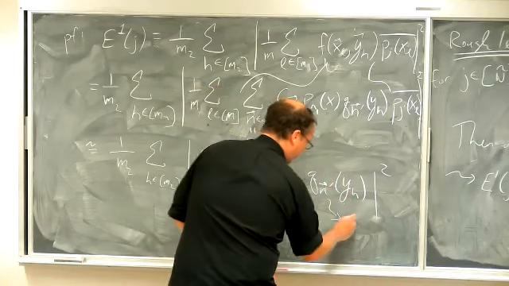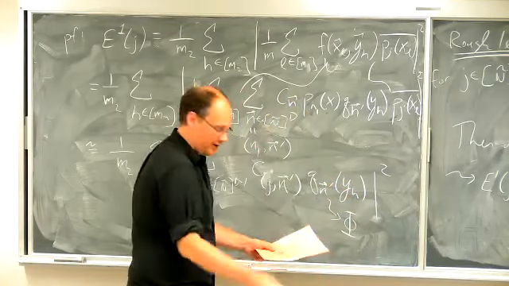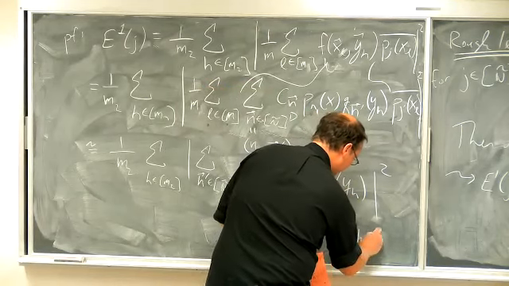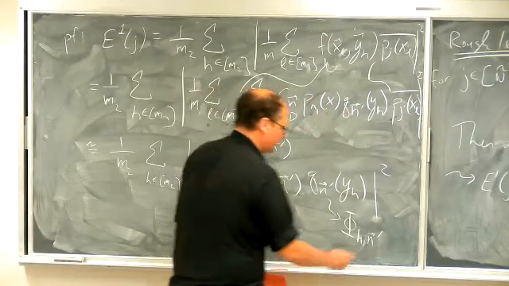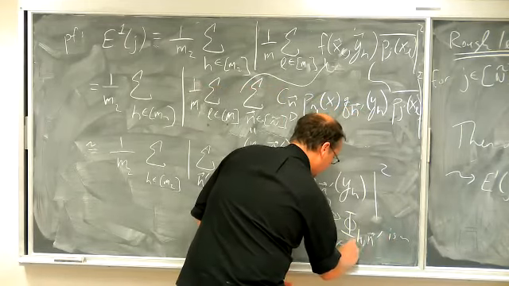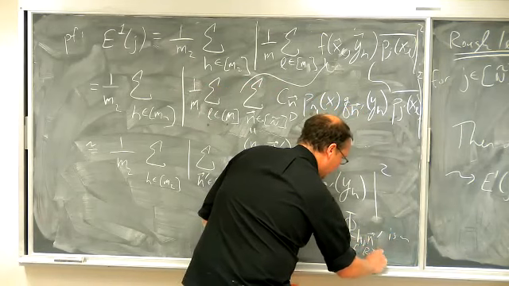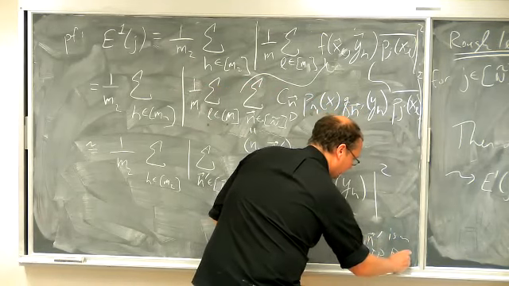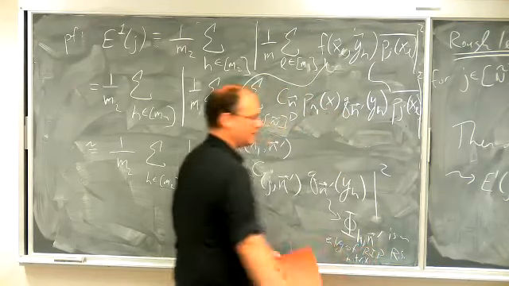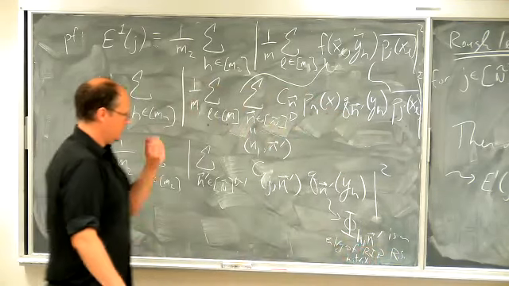And so this is going to be an RIP random sampling matrix entry. So this guy is an entry of an RIP random sampling matrix. Conveniently enough.